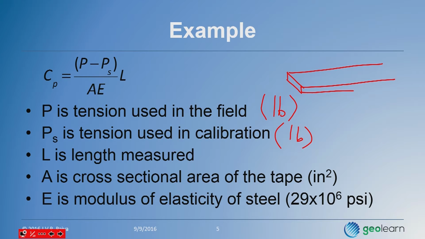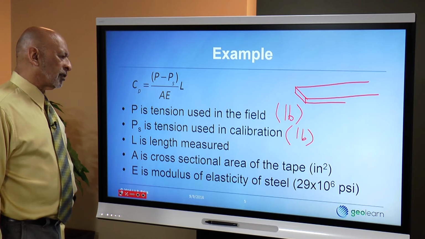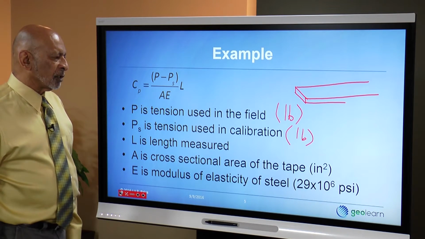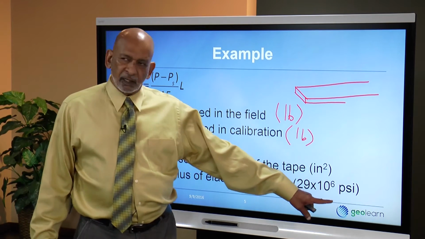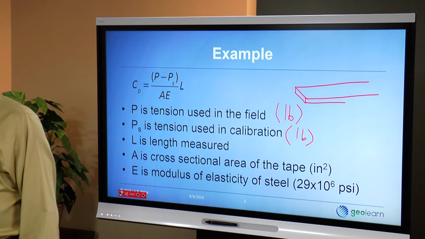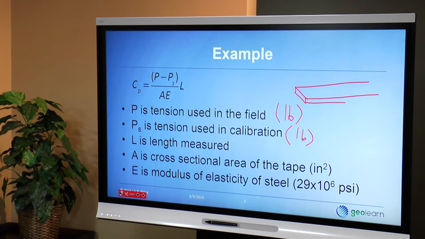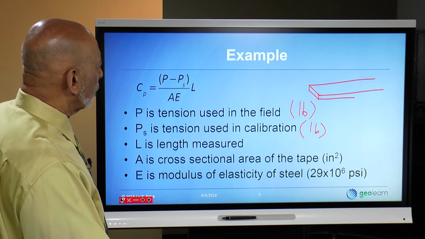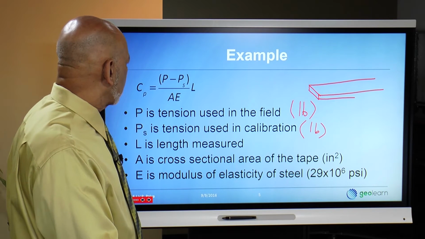So a cross-sectional area of the tape, it's usually a few thousandths of a square inch. And then E is what's called the modulus of elasticity of steel, and that's in pounds per square inch. And the number we typically use is 29 million, 29 times 10 to the 6th. Hopefully you understand scientific notation.